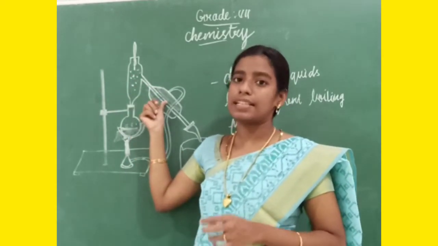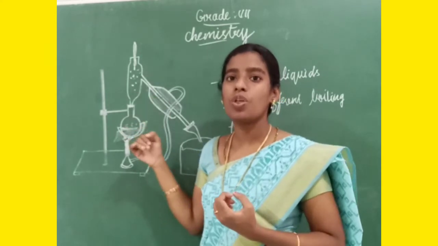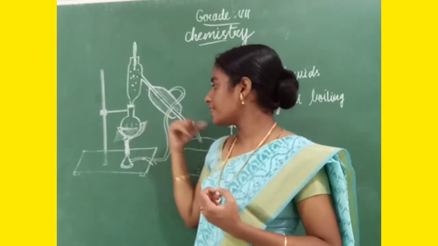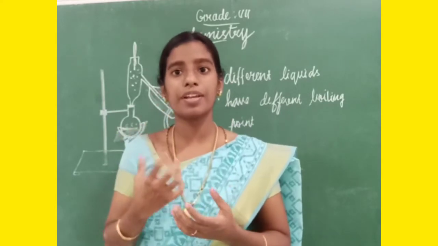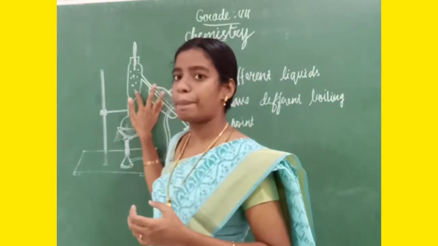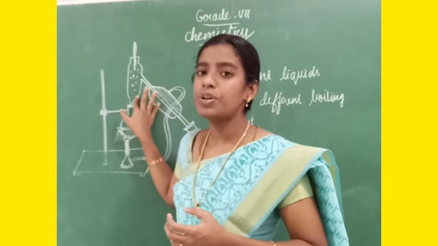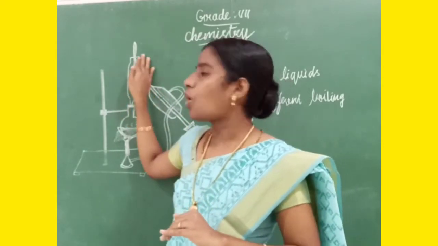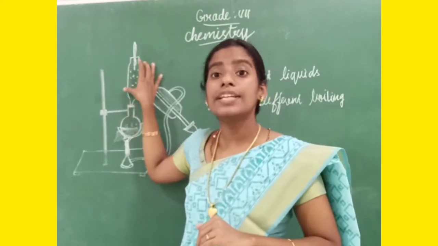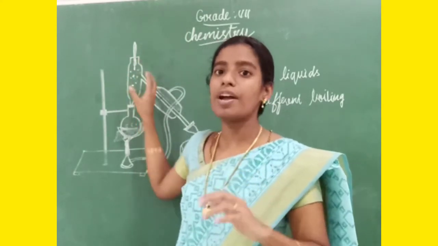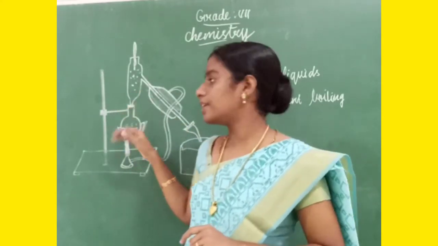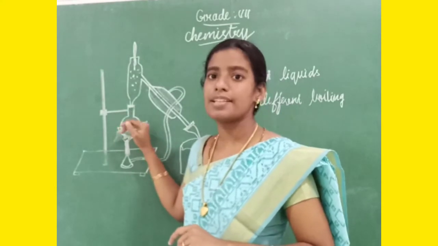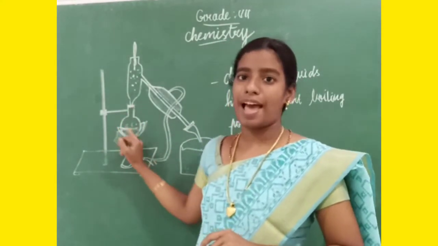When it gets condensed, it will change into liquid, and we can collect it in this beaker. Did you understand? The liquid with the higher boiling point will settle in the lower part, and the liquid with the lower boiling point will occupy the higher portion and is collected in this beaker, and the liquid with the higher boiling point will settle in this flask.